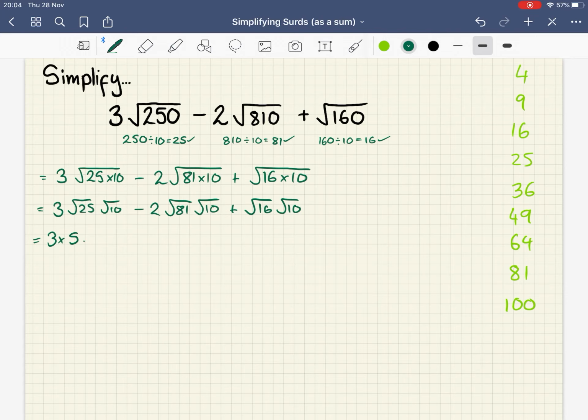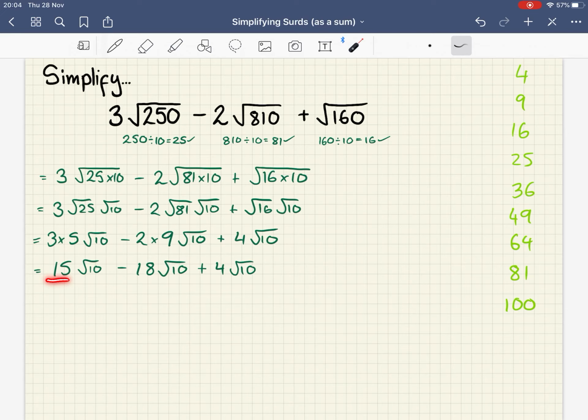So that's now going to be 3 times 5, 2 times 9, plus 4 root 10.